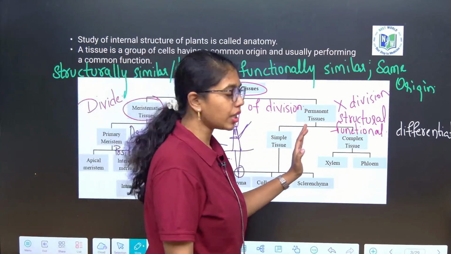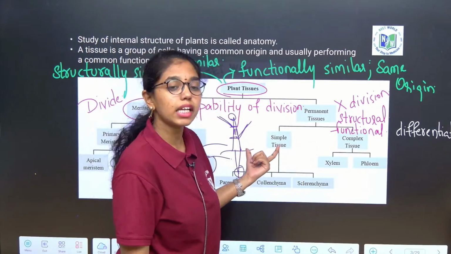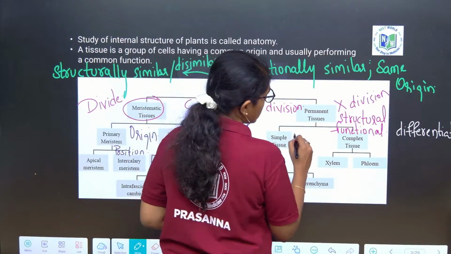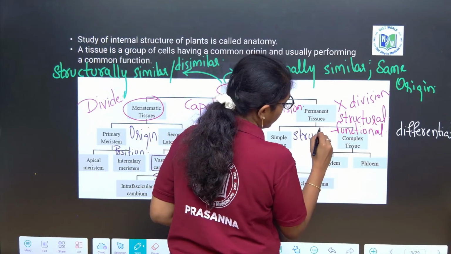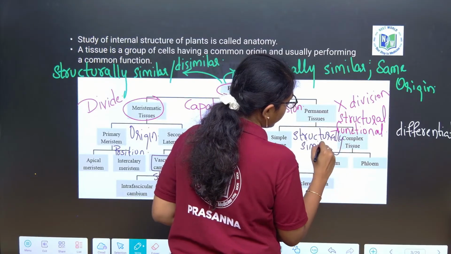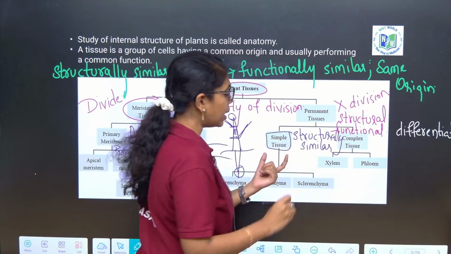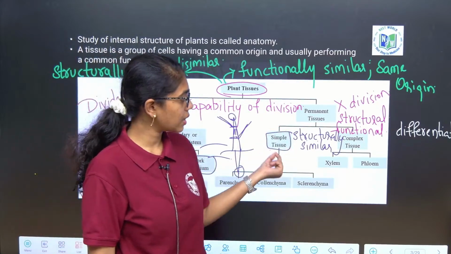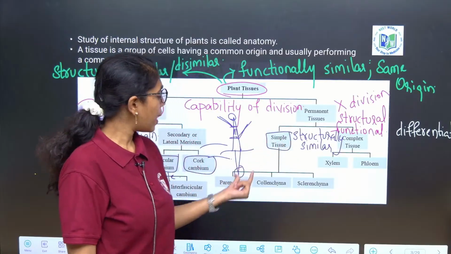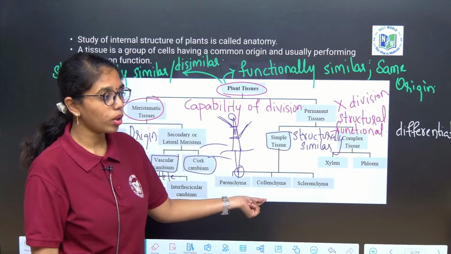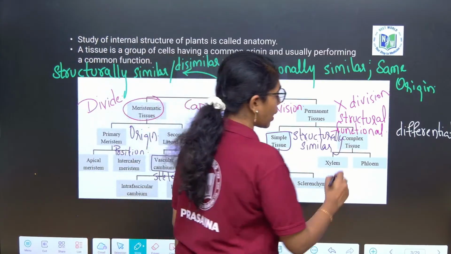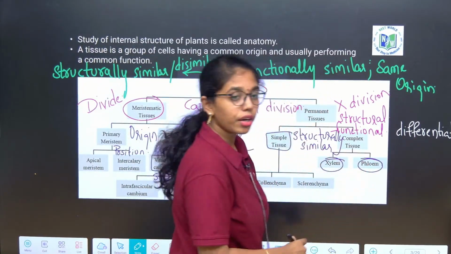Next, permanent tissues. If all the cells of the tissues are structurally similar, then you will call it simple permanent tissue. They are of three types: parenchyma, collenchyma and sclerenchyma. Complex tissues are of two types: xylem and phloem.